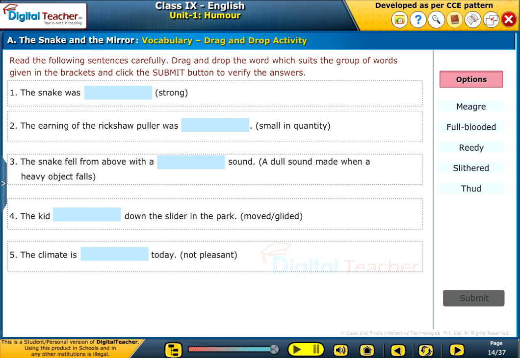Read the following sentences carefully. Drag and drop the word which suits the group of words given in the brackets and click the Submit button to verify the answers.